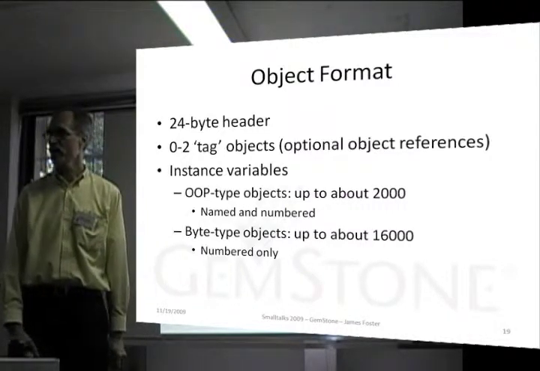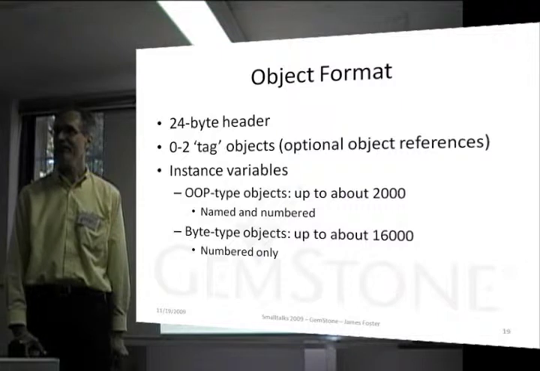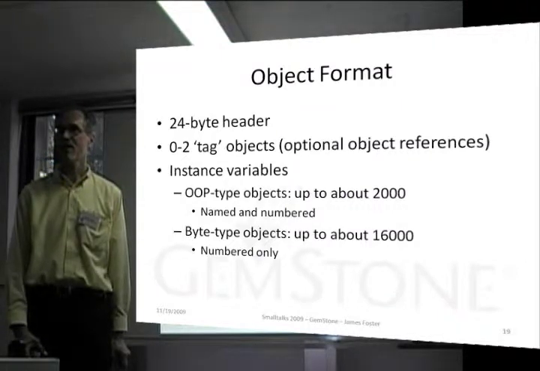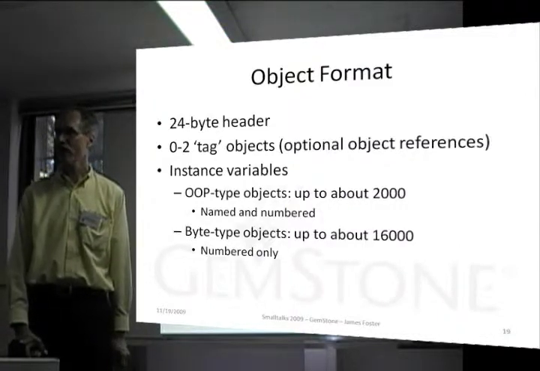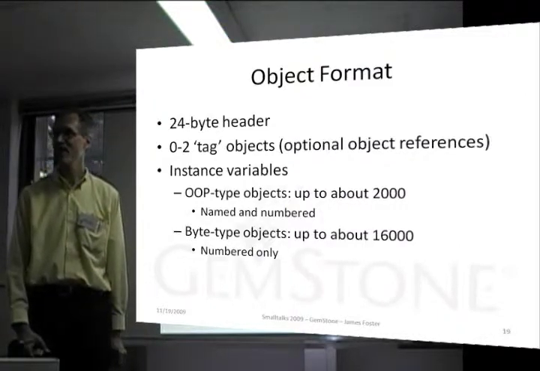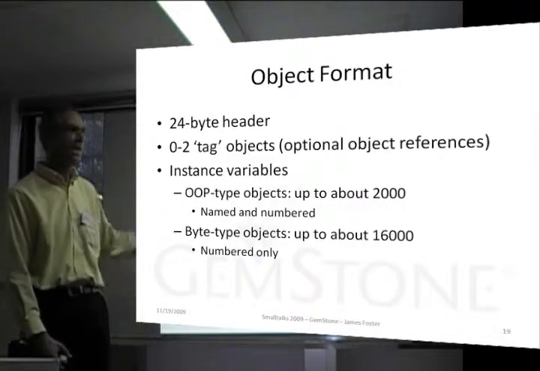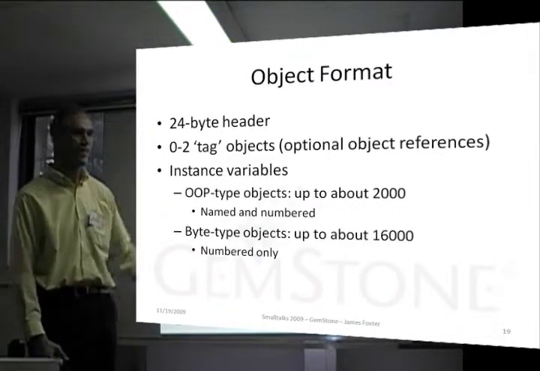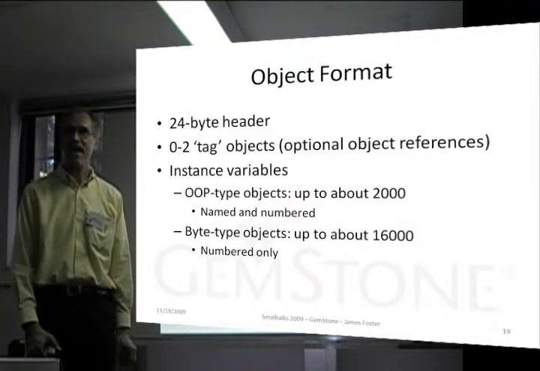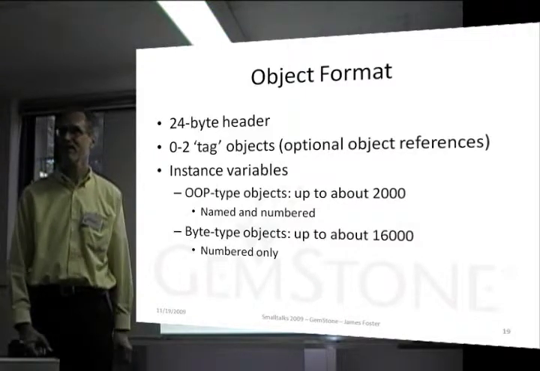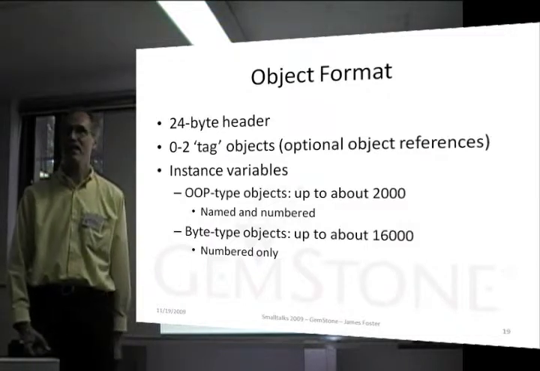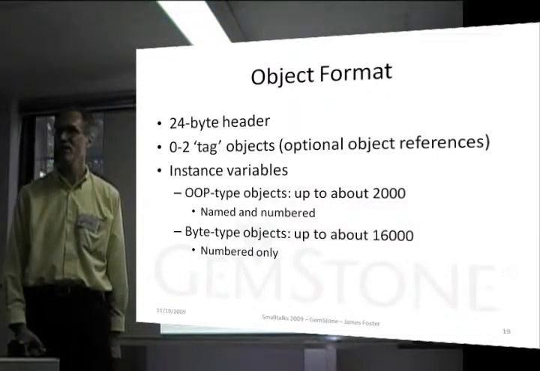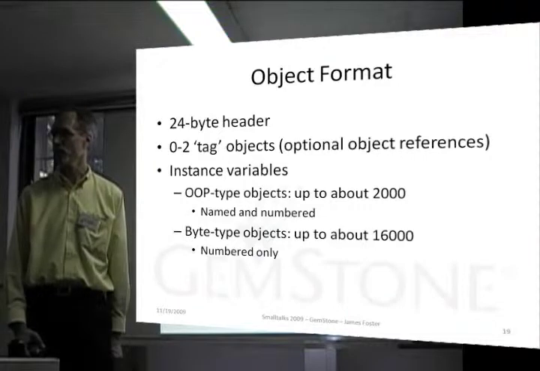This is something unique in GemStone. You can actually add instance variables, or you can add object references on an object-by-object basis. You don't have to change the class schema to add something. You can take any regular object and individually just add something else to it. We call those tags. And that's rarely used, but it makes for some interesting internal tools that you can build.